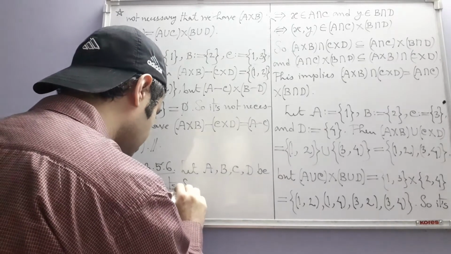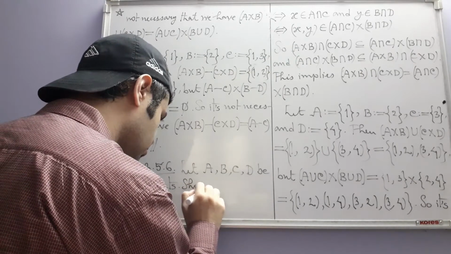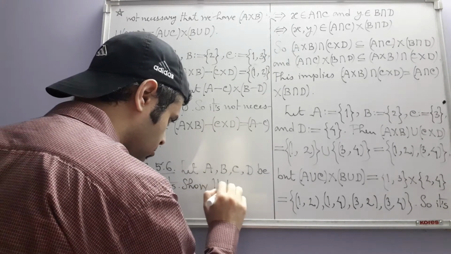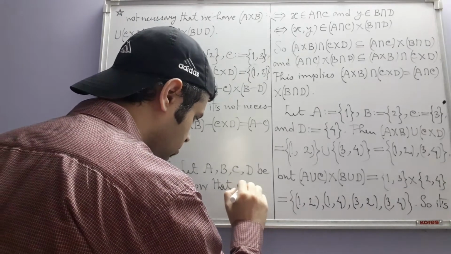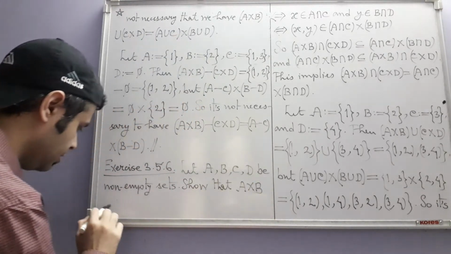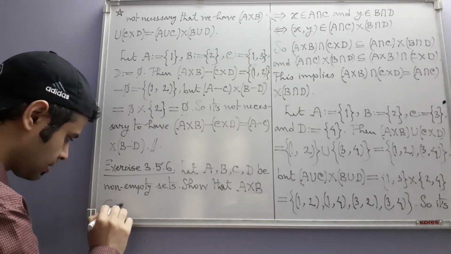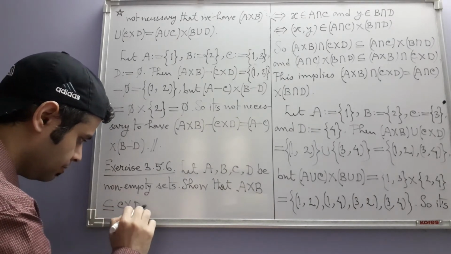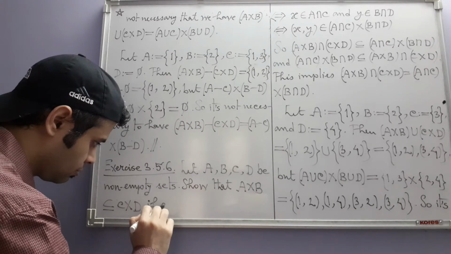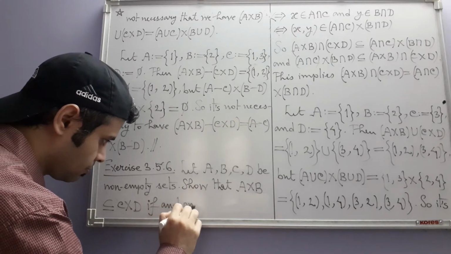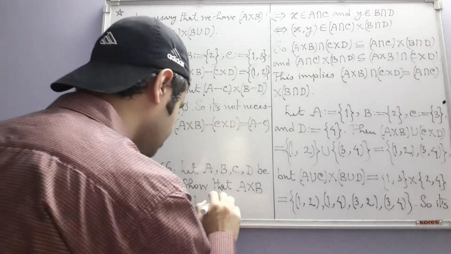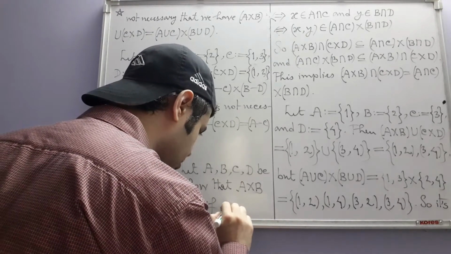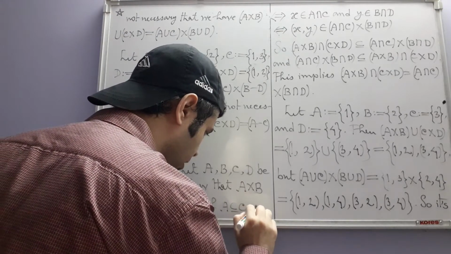Show that A cross B is a subset of C cross D if and only if A is a subset of C and B is a subset of D.